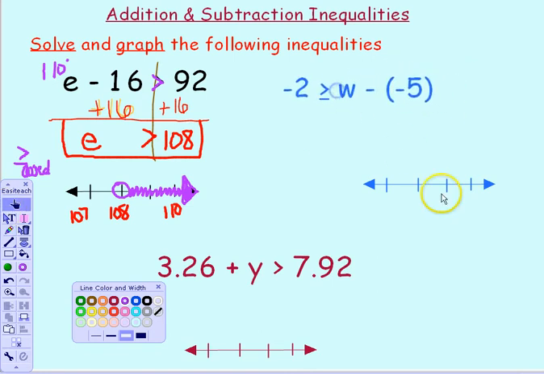We have negative 2 is less than or equal. Whoops, let's move that whole thing. So we're going to go ahead and change the subtraction to add the opposite. So this problem is just the same as negative 2 is greater than or equal to w plus 5.